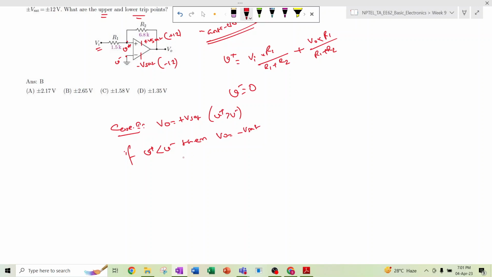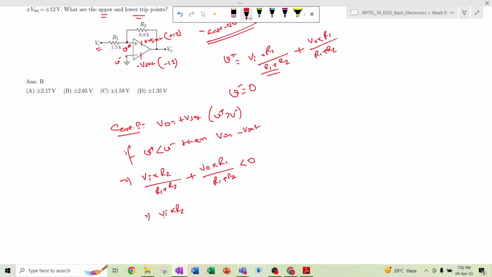So what is the value of V plus? It is Vi into R2 divided by R1 plus R2, plus VO into R1 divided by R1 plus R2, less than 0. So what should be the Vi?